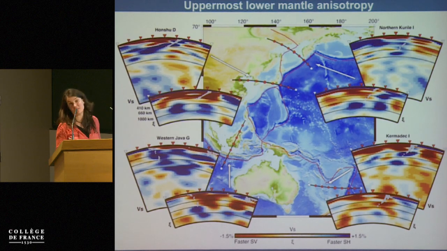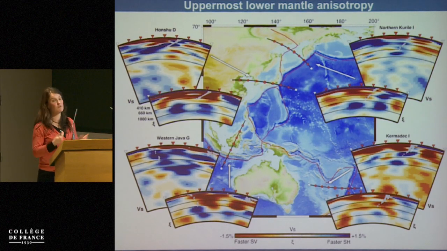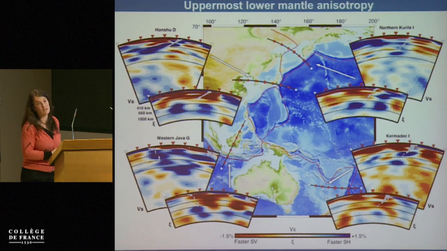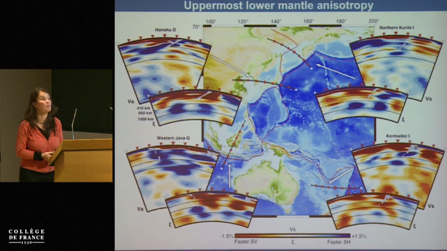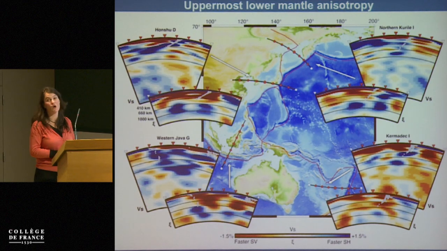So I think these are very interesting results. We've been doing lots of resolution tests, and they seem to be robust. And so we are now working on interpretation. And I really believe that the fact that the anomalies tend to be really confined in this region is telling us about interesting processes going on in the lower mantle.